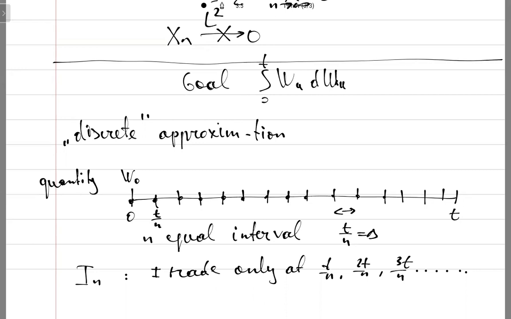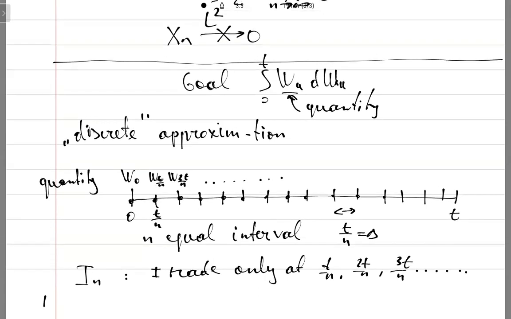Yes, this is the quantity. At the second transaction point, how many cups should I have? W2t over n. Exactly, and so on.